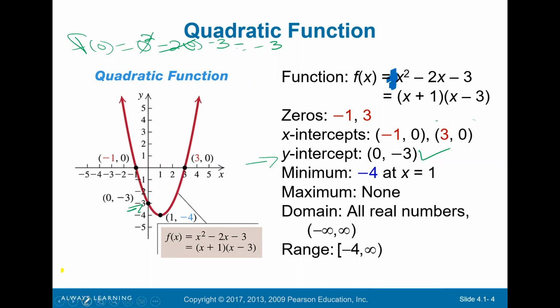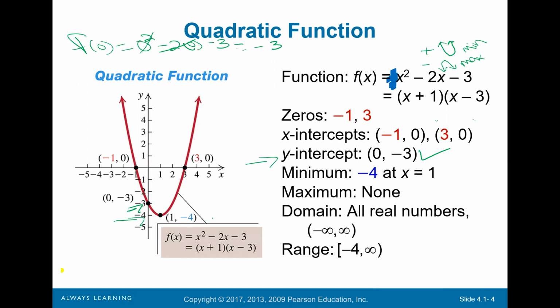If it is positive, then the parabola opens upward, giving me a minimum. If it's a negative number, it opens downward, giving me a maximum, right? So right here is our minimum, and you can figure it out by coming over here and plotting it.